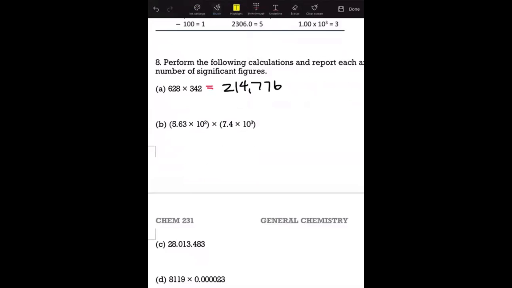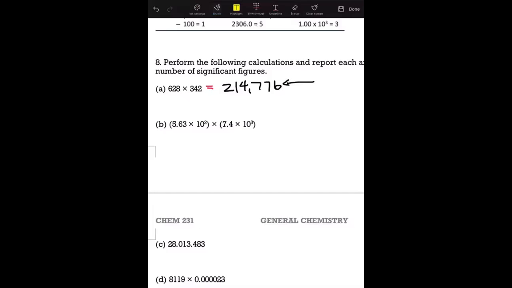All of those are significant, aren't they? Every number in 214,776, every one of those numbers is significant. If we do the Atlantic method, meaning we start on the right side and draw an arrow, the first non-zero digit is 6.